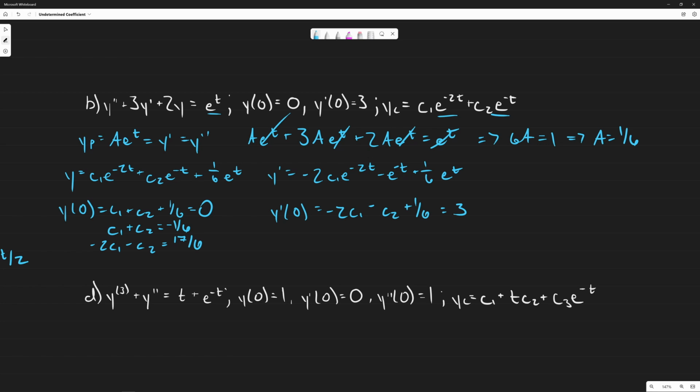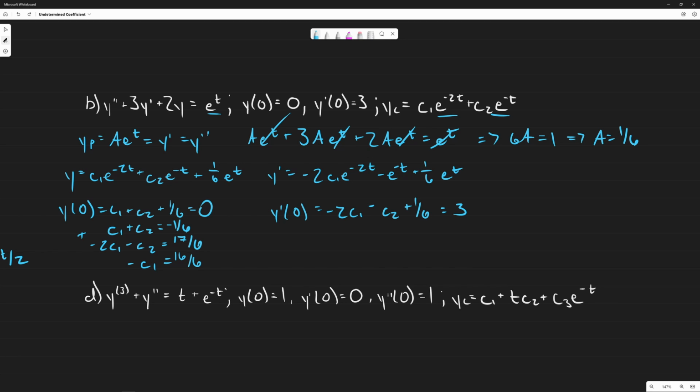And so what we can do is add these two equations, so we can cancel out the c2. And so this leaves us with negative c1 equal to 16 over 6. So c1 is negative 16 over 6.